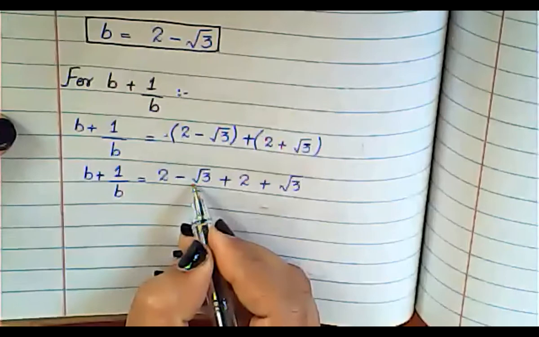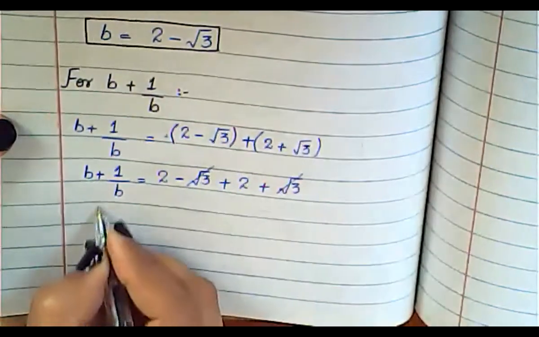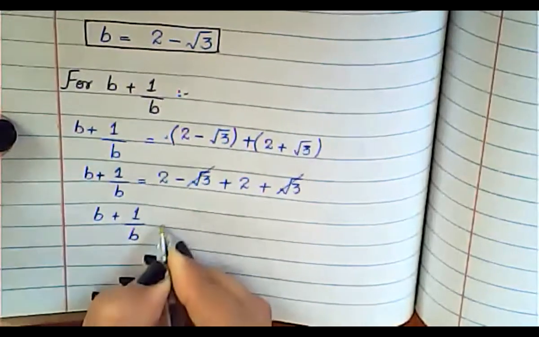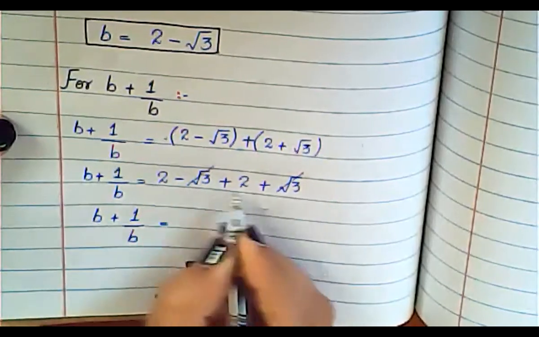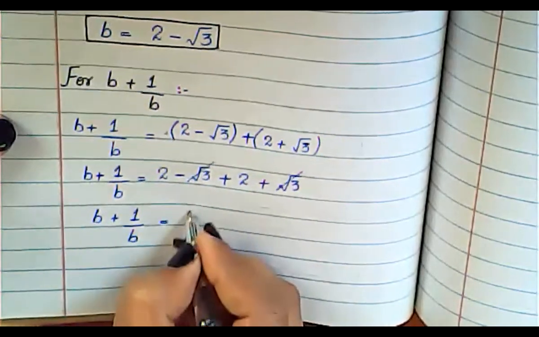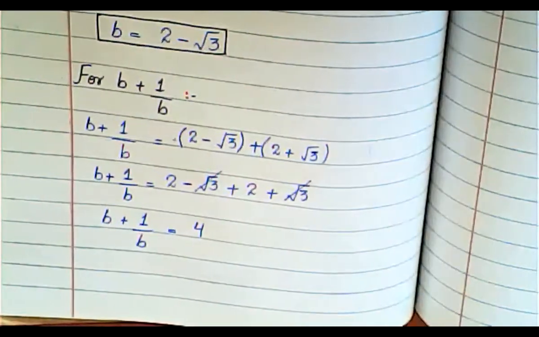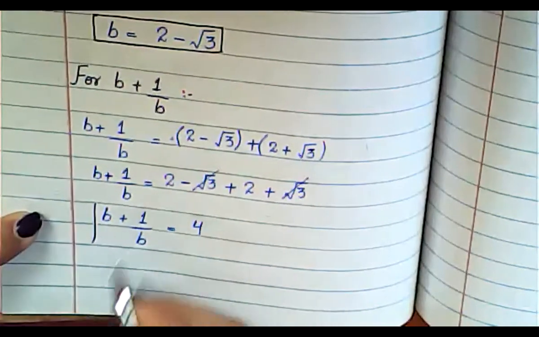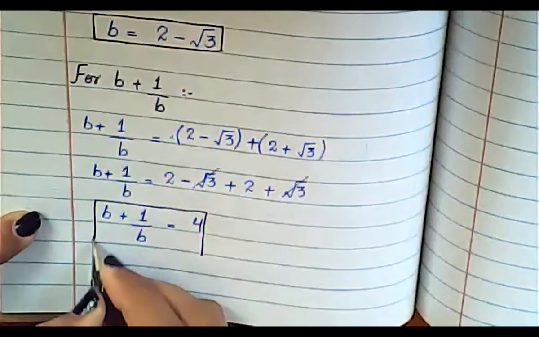Under root minus 3 and under root plus 3 will be cancelled, and b plus 1 upon b is equal to 2 plus 2, which is 4. Now the value of b plus 1 upon b is equal to 4. Now we have got the value of b plus 1 upon b, so we will make the square here. Now very simple and easy.